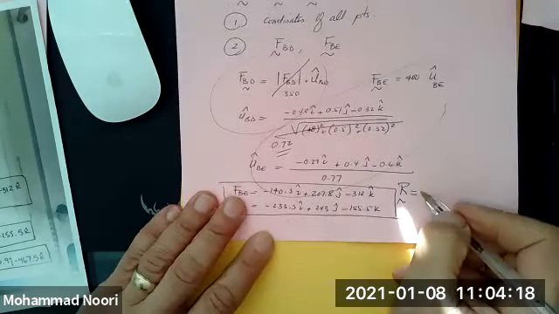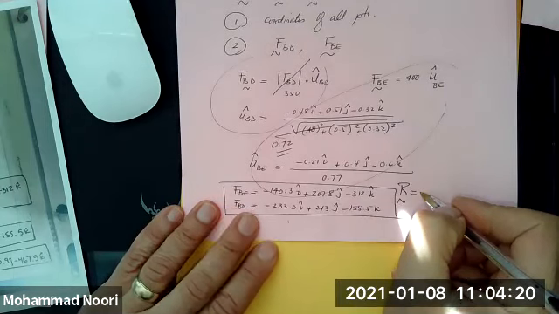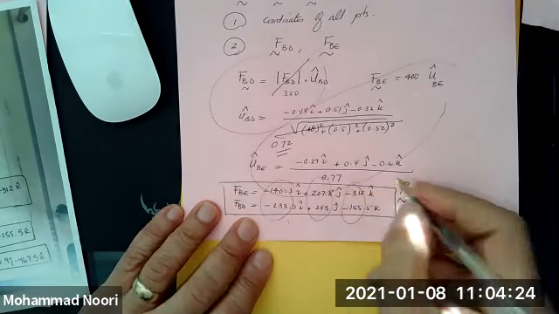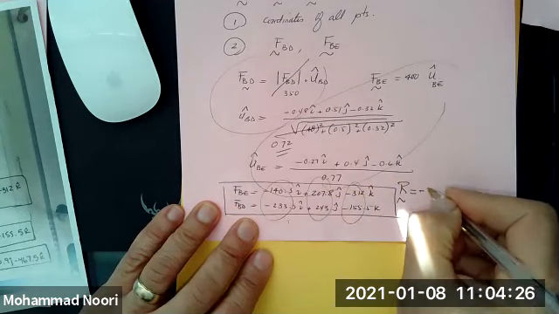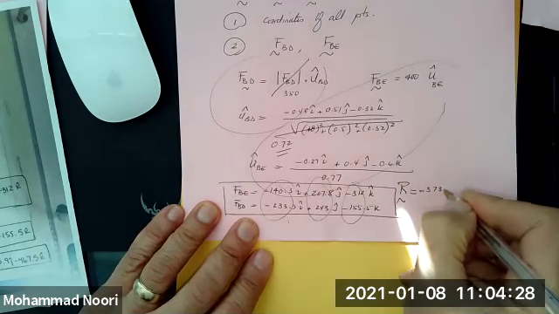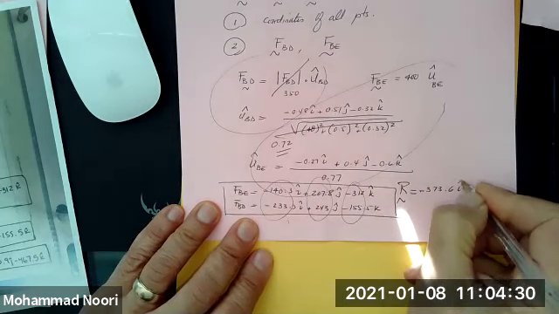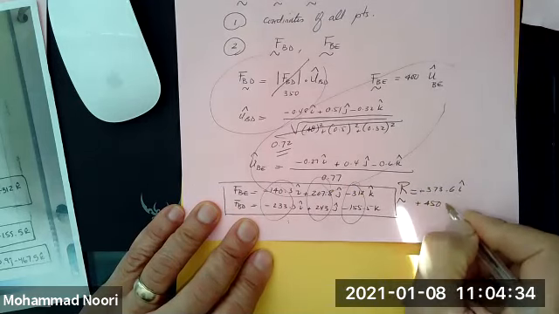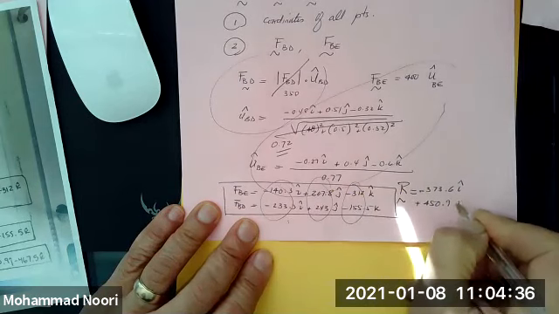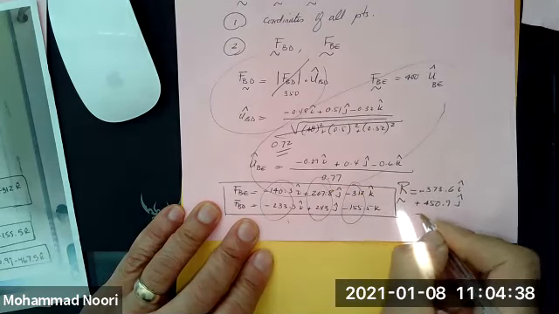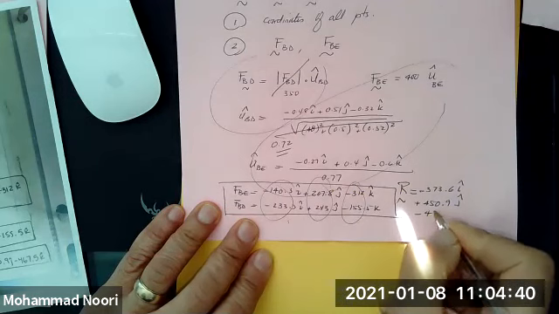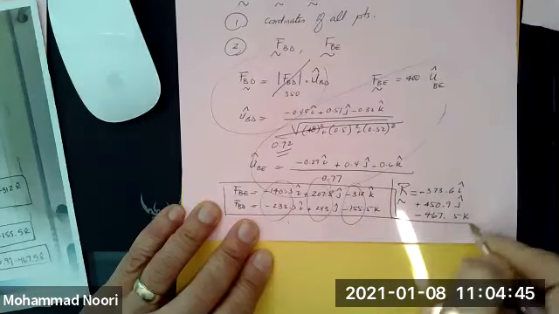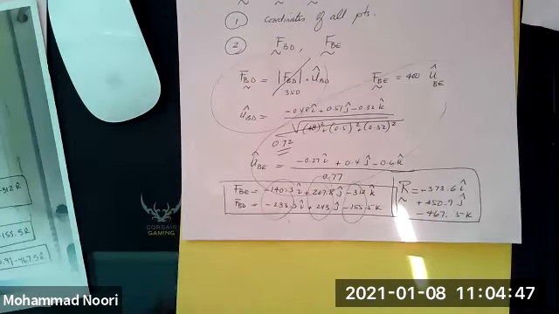So in order to write the vector equation for the resultant, you add up the corresponding components. And if you do that, you end up with negative 373.6 I plus 450.9 J minus 467.5 K. And this is the equation for the resultant.